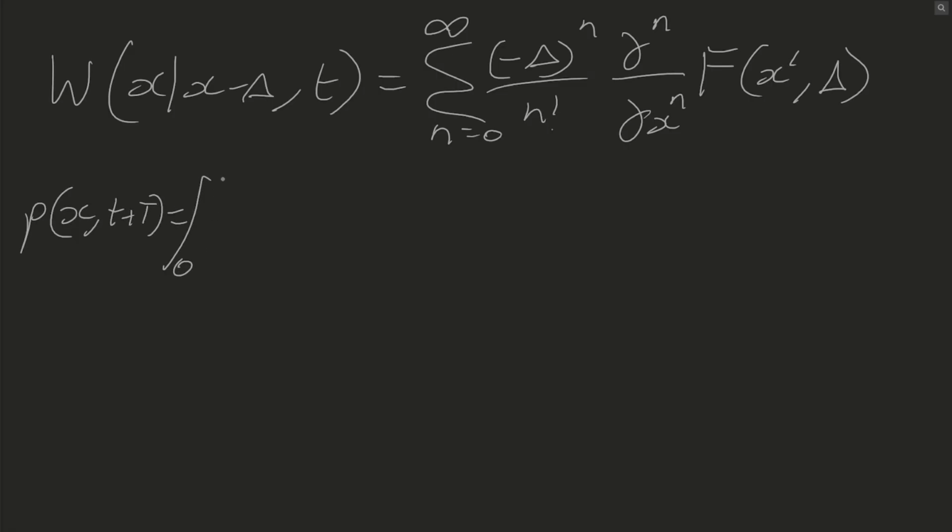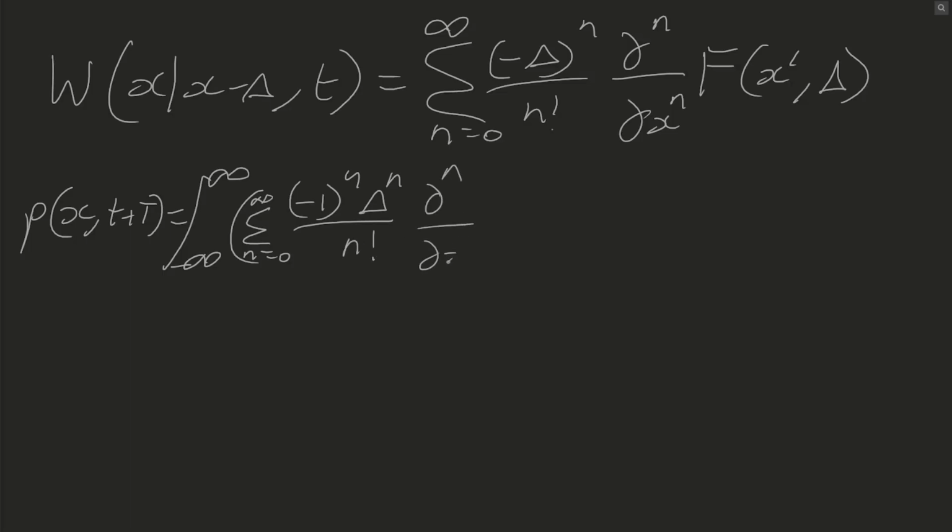this integral from minus infinity to infinity of the sum from n equals 0 to infinity of minus 1 to the n, delta to the n over n factorial, and then the nth derivative of f.